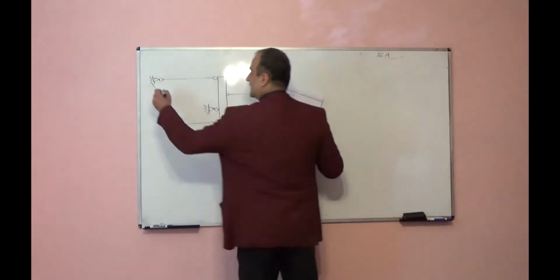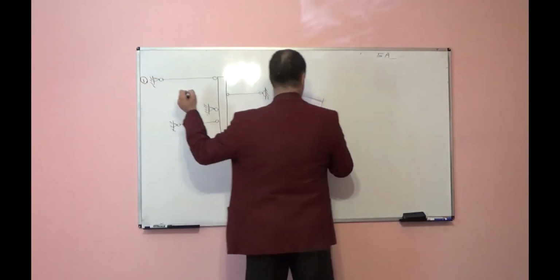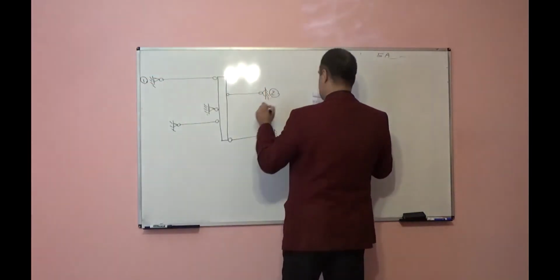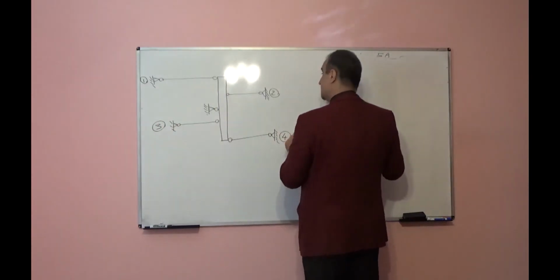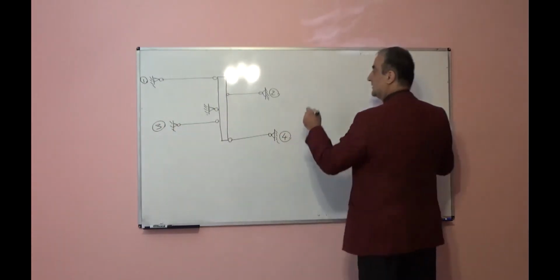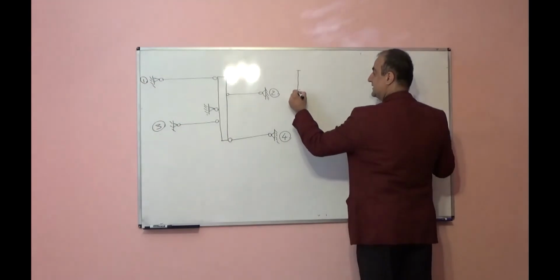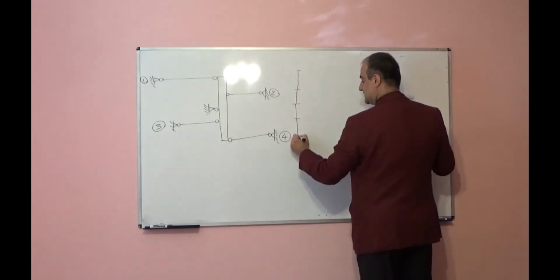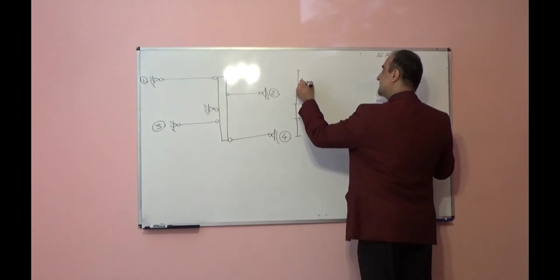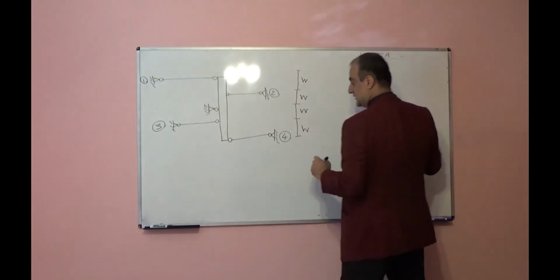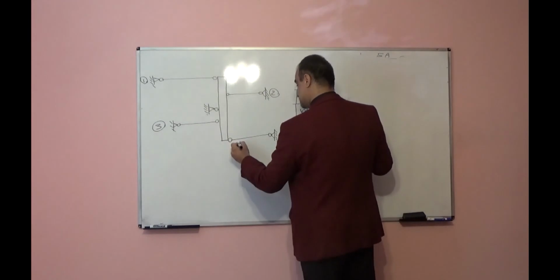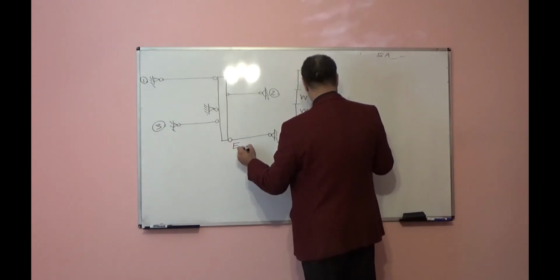So rod number 1, number 2, 3, 4. These spaces in vertical direction are equal, each one is W. This is E1, A1, L1.